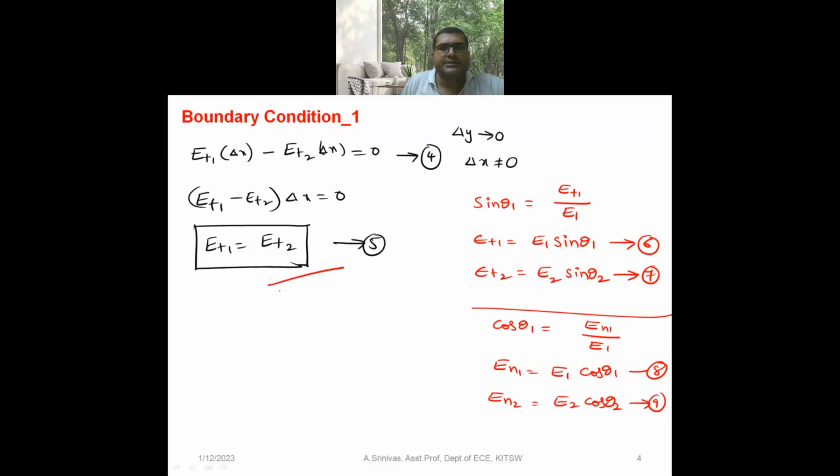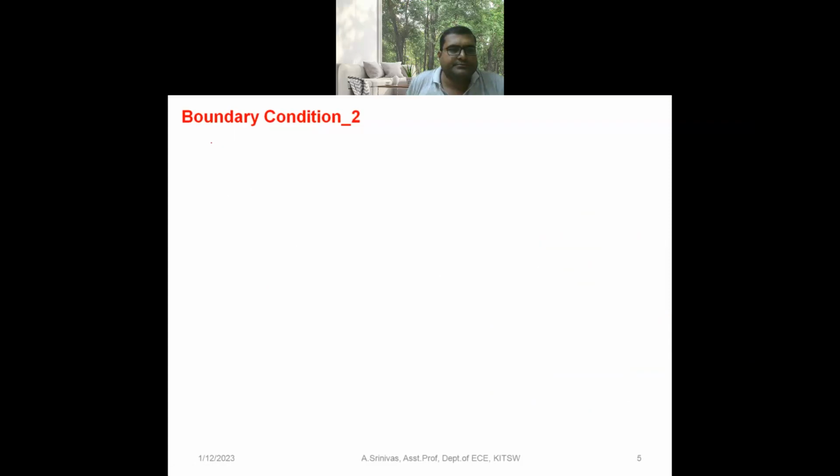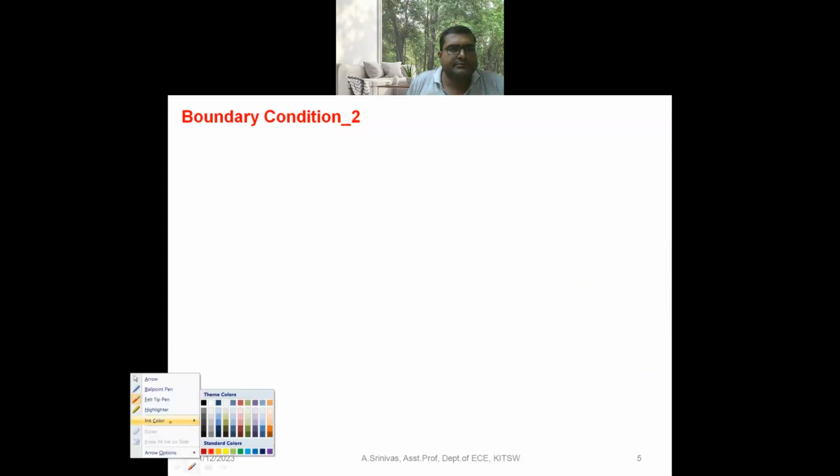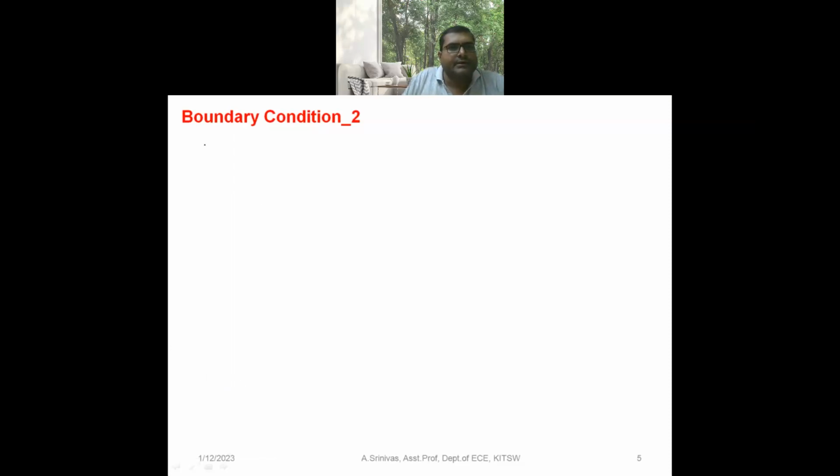Now here it is boundary condition 1. The tangential component of electric field is continuous across any boundary. Let us move to the next slide to derive condition 2. Consider a cylinder on the boundary of two media.